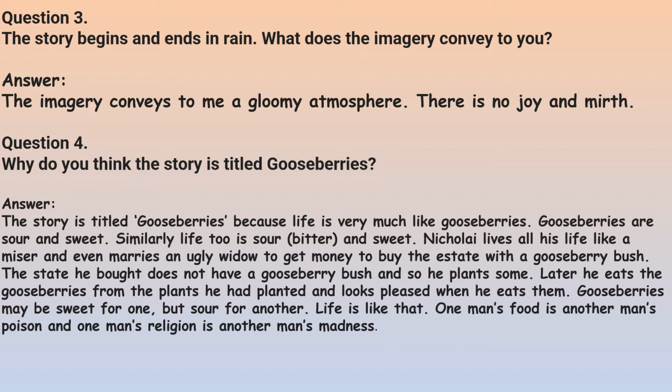Later, he eats the gooseberries from the plants he had planted and looks pleased and satisfied. Gooseberries may be sweet for one, but sour for another. Life is like that. One man's food is another man's poison, and one man's religion is another man's madness.